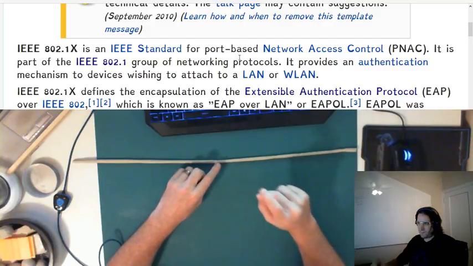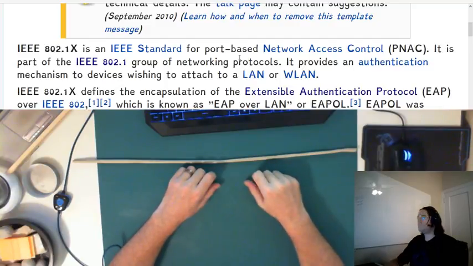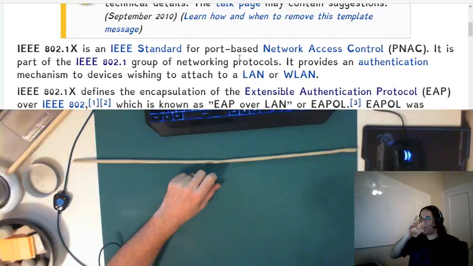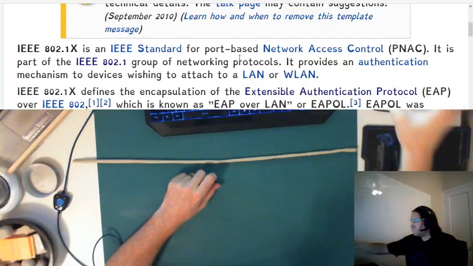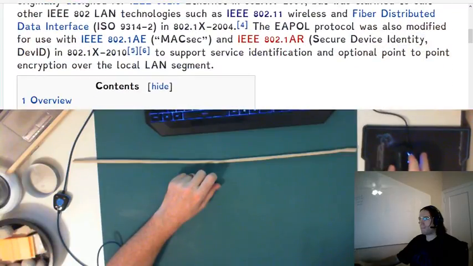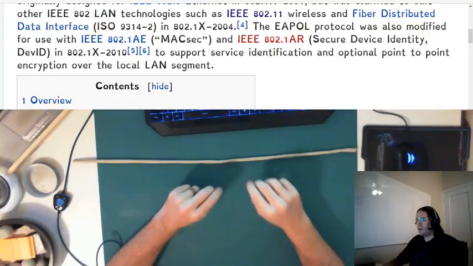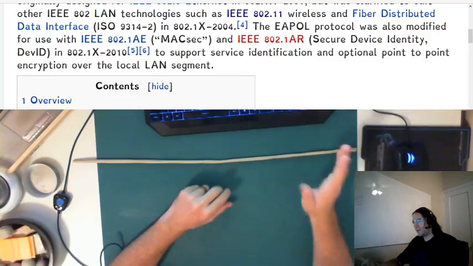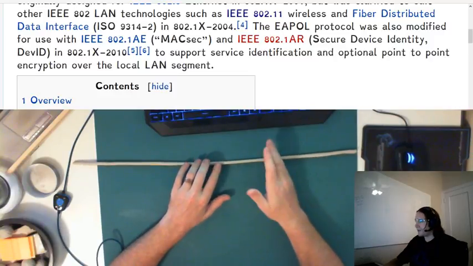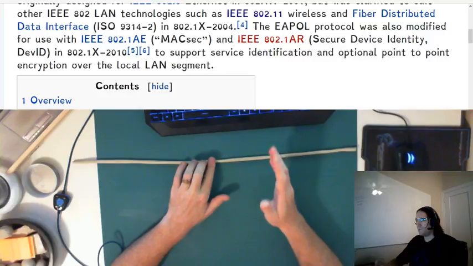In the 802.1x-2010 standard, to support service identification and optional point-to-point encryption over the LAN segment.